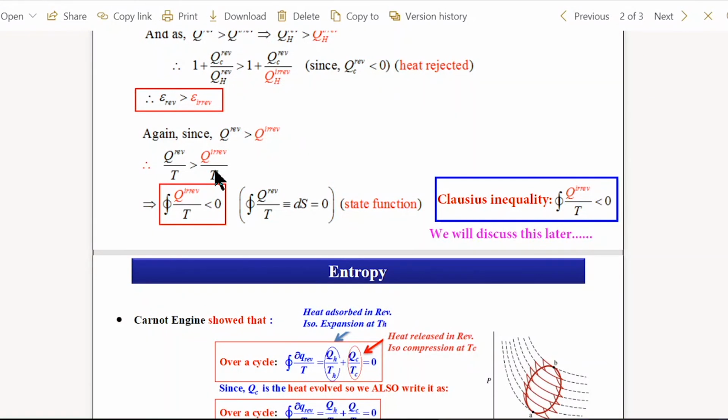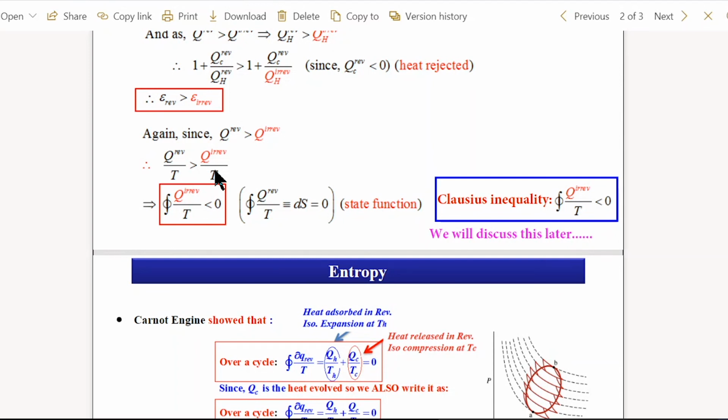Yes, ma'am. So the integral of Q irreversible by T, for a system over a cycle or a number of steps, will be less than 0. But we never write Q irreversible by T ever.